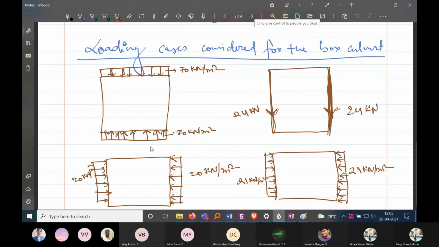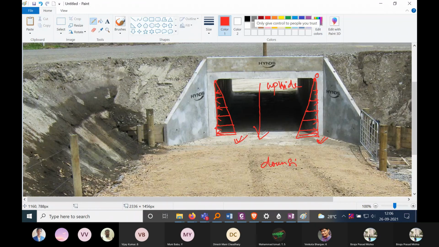What is the soil pressure? Only the soil pressure. Knowingly, I wanted to know whether you guys were attentive in the class or not.